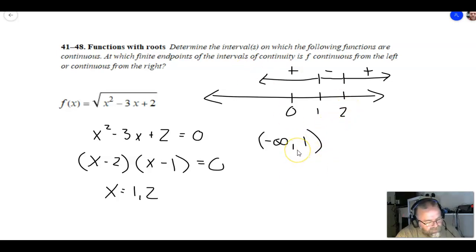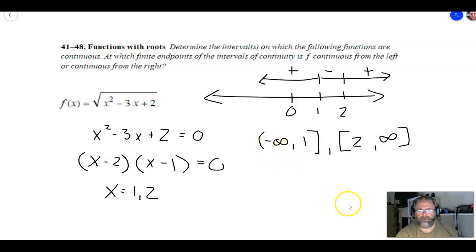And it really should be written like this. Hold on just a moment here. And we can also go from 2 to positive infinity. So as long as we use both of our endpoints either in this interval or both of our endpoints in this interval, then we will have continuous intervals there.